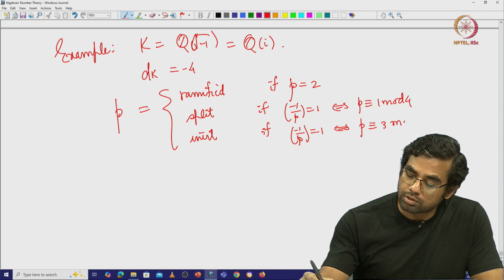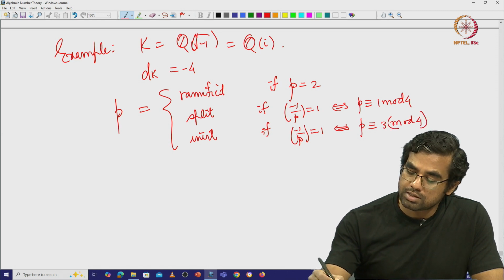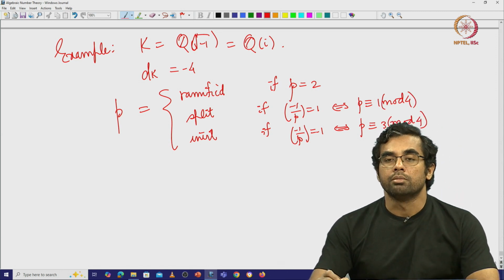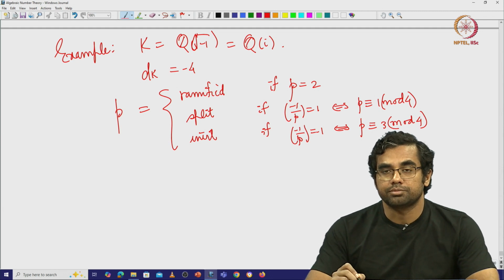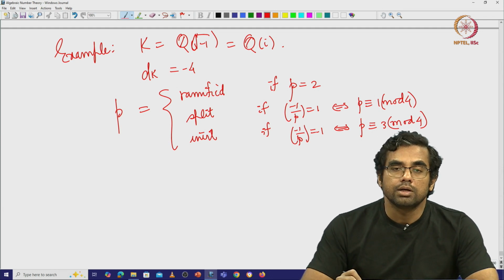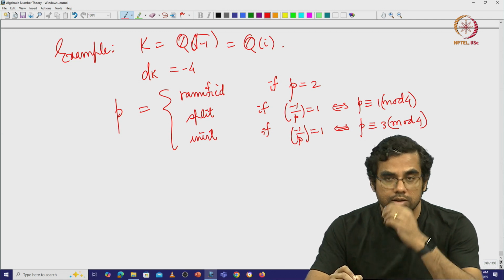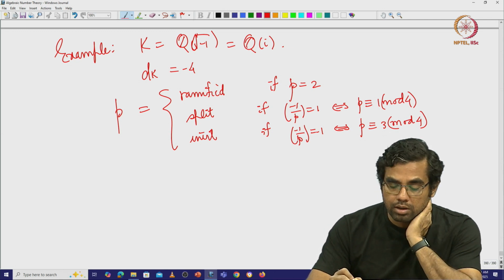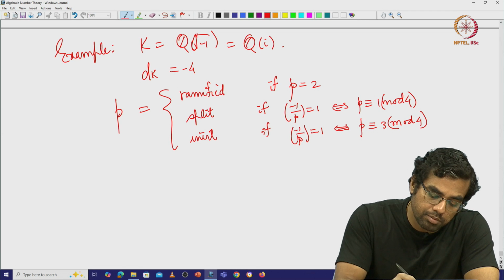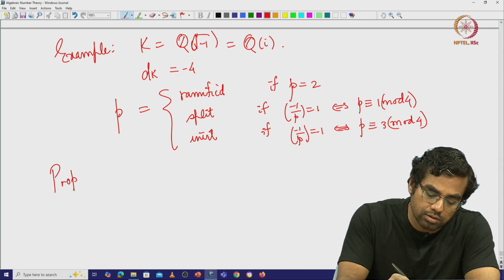This is if and only if p is congruent to 3 mod 4. Let me take this a little bit further, and as an application of this, we will prove that an odd prime p can be written as a sum of 2 squares. So let me write that down as a proposition.